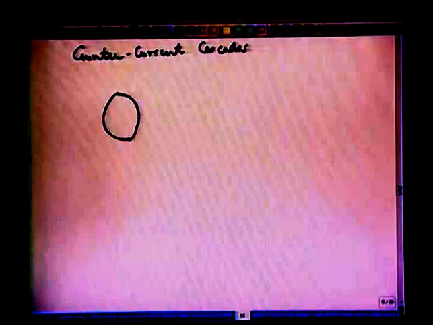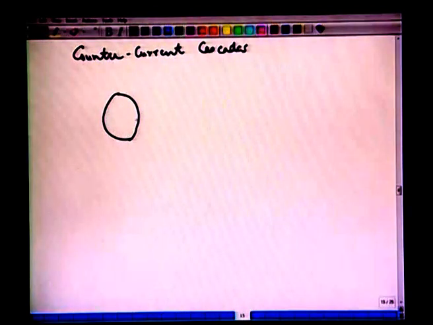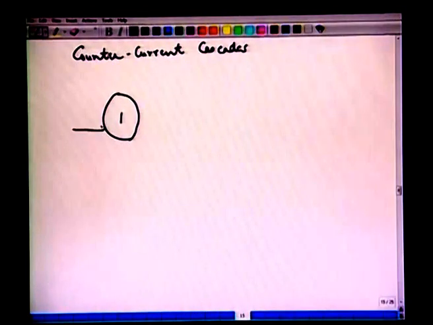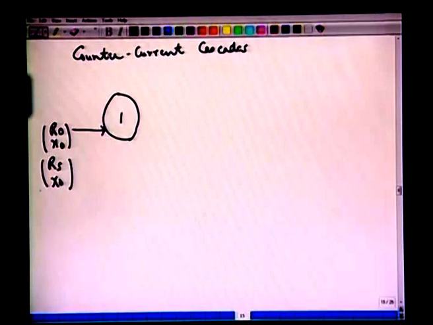So, now we have stage 1 and we would like to work still on capital Y and capital X, or the solute free basis flow rates, so that our operating curves are linear. So, we have stage 1, and now we bring in this R0, small x0, or we can work on Rs and X0.